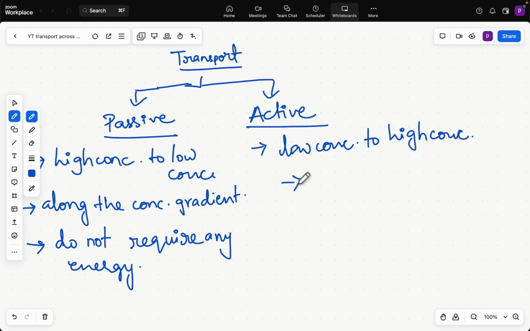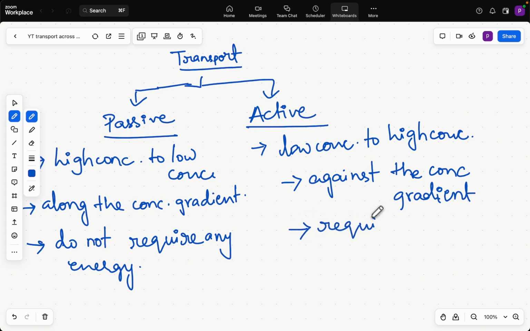So you can easily understand that it is against the concentration gradient, and because it is uphill, or it is something that is not natural, it requires energy.